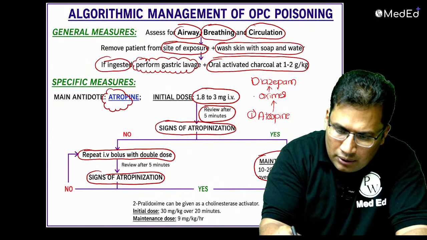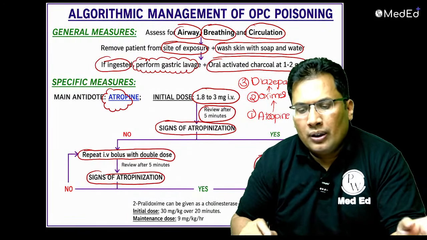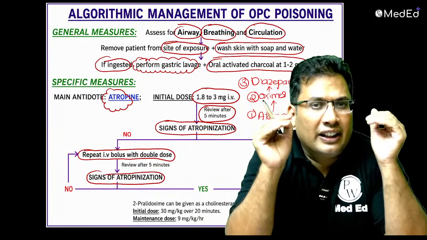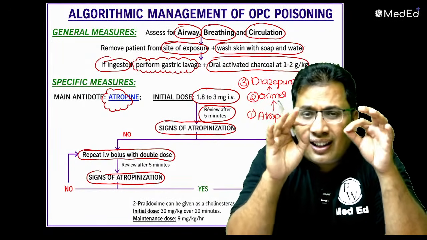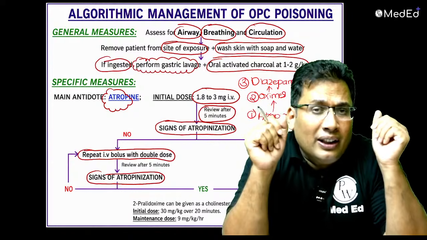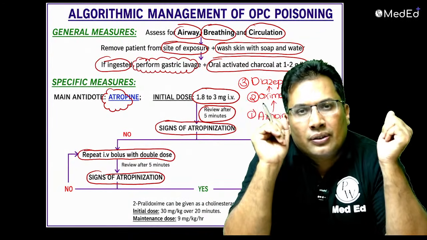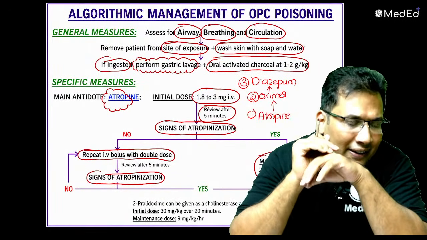So 1, 2 and 3. Okay. And remember, Oximes can reverse muscle weakness. The muscle weakness because of the cholinergic crisis, very common in case of OP poison, can be reversed by Oximes, not by atropine. This is again commonly asked.